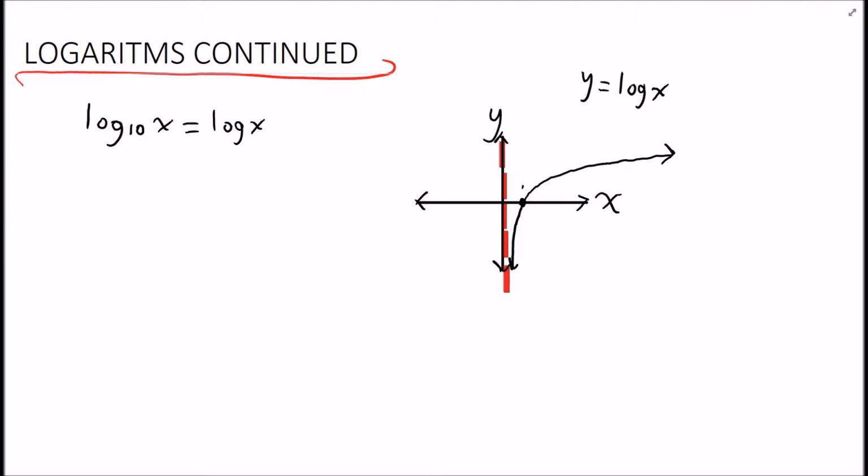If I was to do an example with, let's say, base 10, which is the general base for it, if I have 10 to the power of 0, that equals 1. So that's that point I put right there. Use a different color if you want. That's that purple point right there. If I was to do 10 to the power of 1, that equals 10.